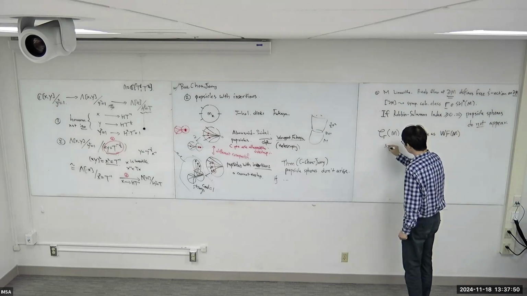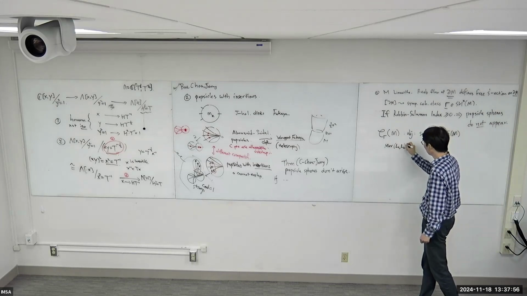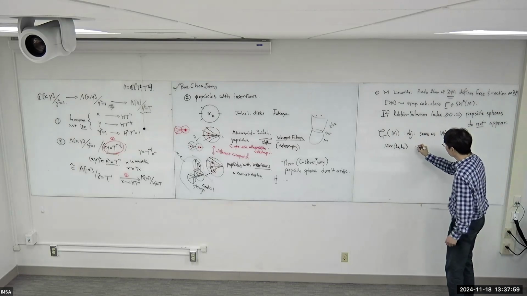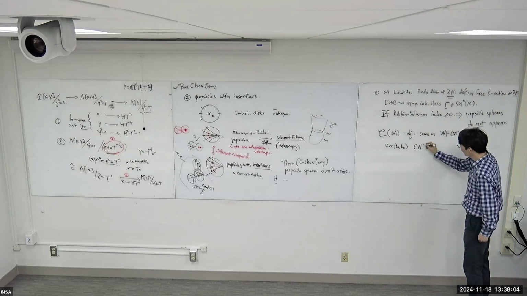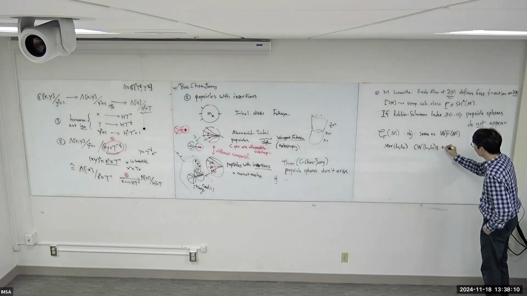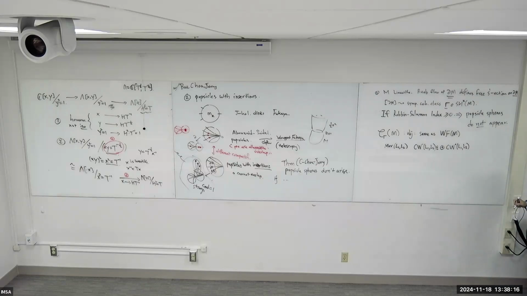And the morphism space of two objects, L1 and L2, is given by the wrapped Floer complex of L1, L2, tensor epsilon, where epsilon is a formal parameter with degree minus one plus n minus, anyway, some degree of gamma.